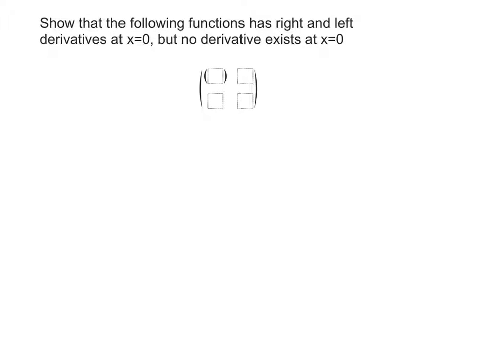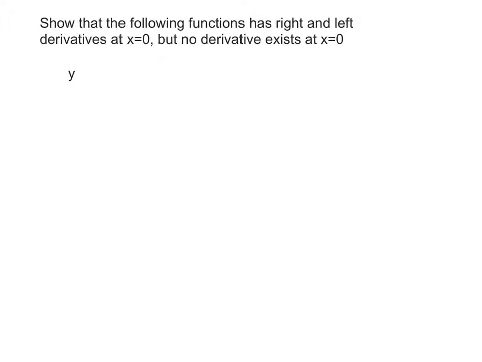The only way that I can show that a derivative exists at a point is to show that the left-sided derivative and the right-sided derivative exist, but more importantly, they're equal to each other. How do I find a derivative of a function? Well, I have to use the definition of a derivative. So for the left side, I'm going to take the limit as h approaches 0 from the left of, well, coming in from the left, I got to use this function.